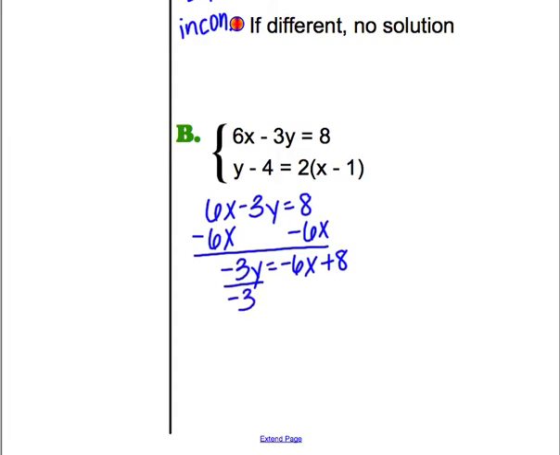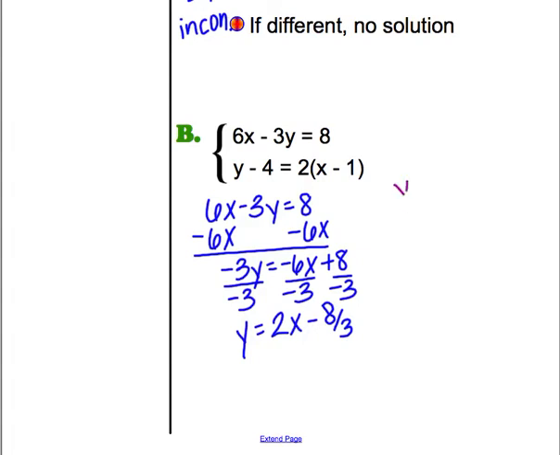Divide all things by negative 3, giving me y is equal to negative 6 divided by negative 3, which is positive 2x minus 8/3.